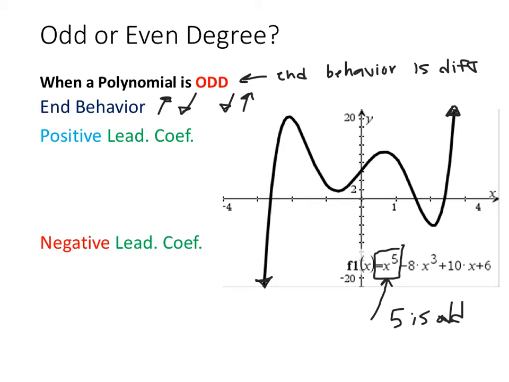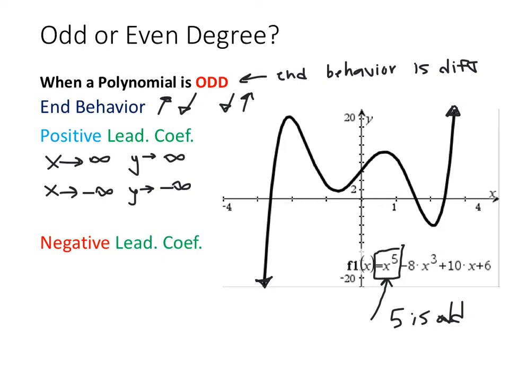If we have a positive leading coefficient, as x goes to the right to positive infinity, that means that y is also going to go to positive infinity. And if x goes to negative infinity, y is also going to go to negative infinity.